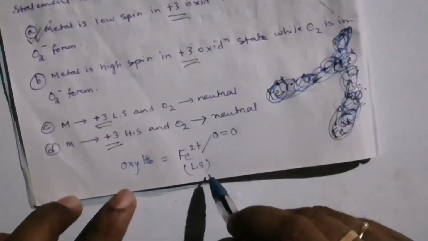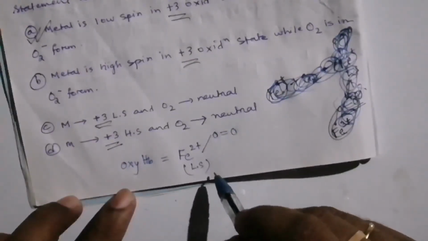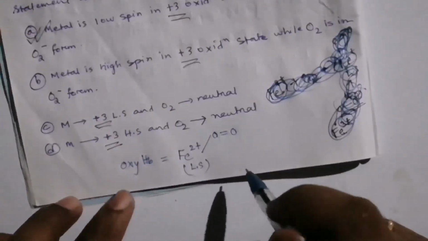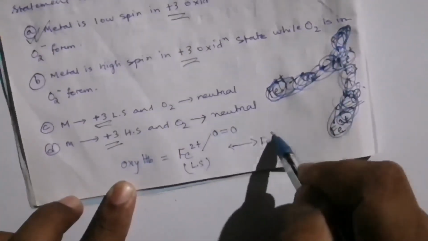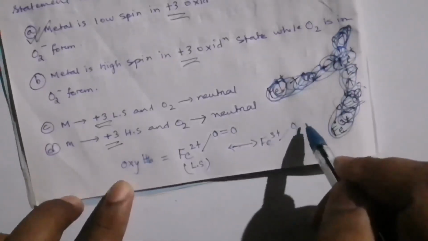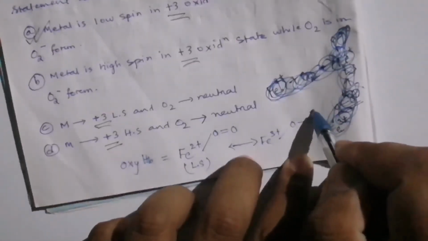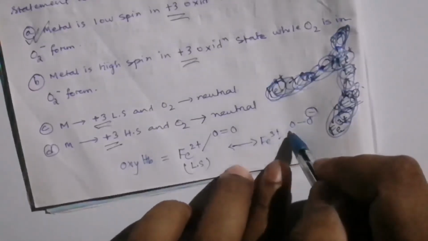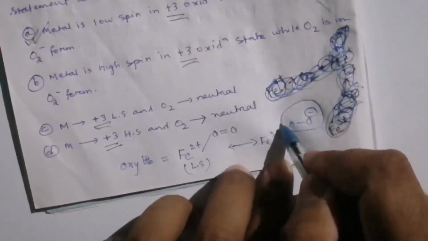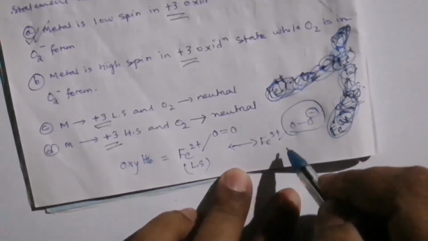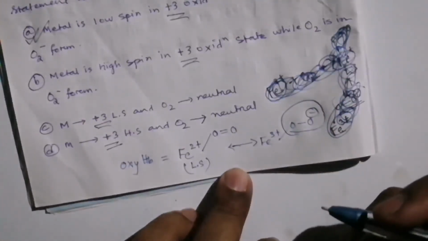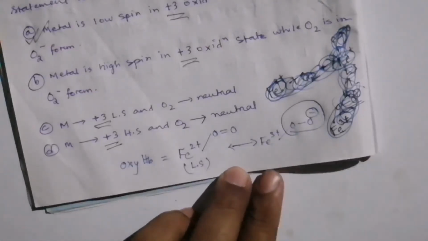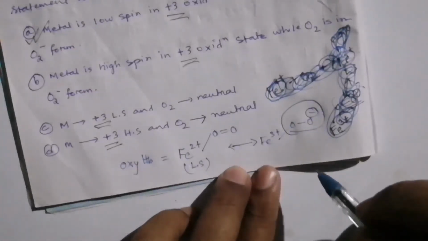Iron center is in +2 low spin oxidation state in oxyhemoglobin, and this can be interconverted to Fe3 plus oxygen, and this oxygen gets converted to the superoxide form when the iron center gives an electron to the oxygen molecule.